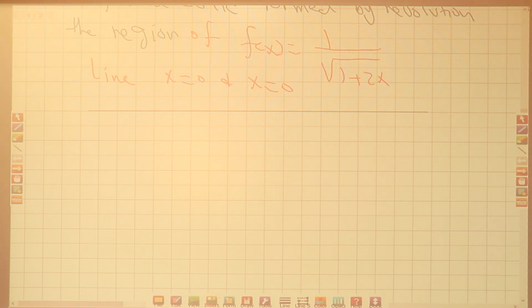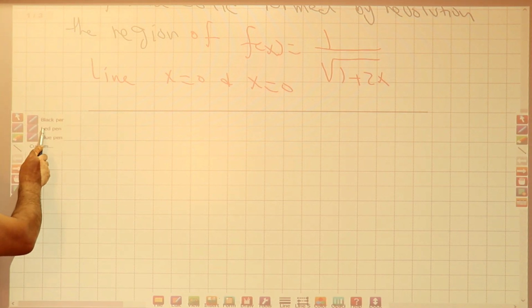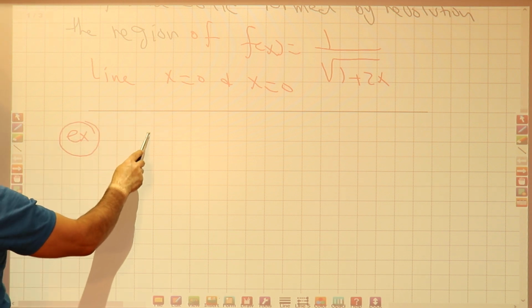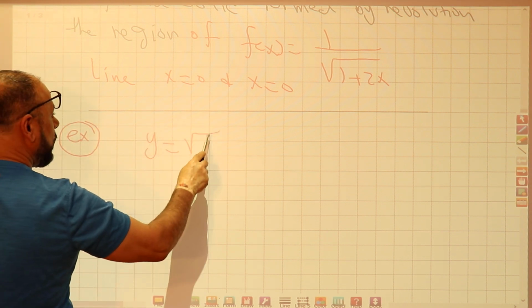Let us see. Find the volume of the solid. Now the second example, we have y equal square root of x.